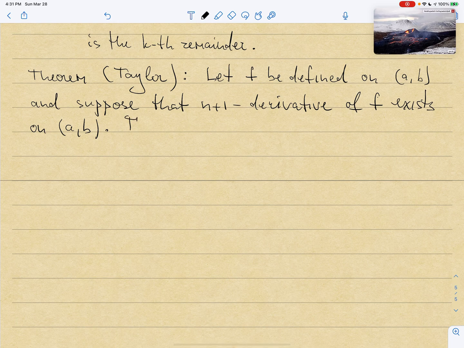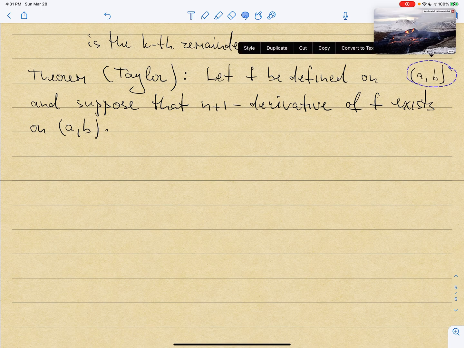Then, actually one more thing here which I forgot. I'm going to assume that 0 belongs to the interval AB, which means that A is negative and B is positive.